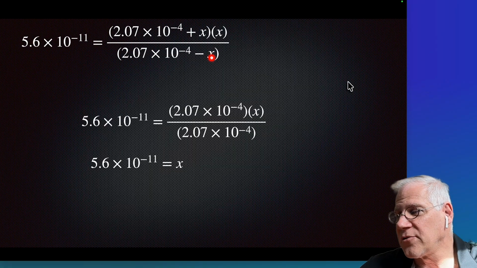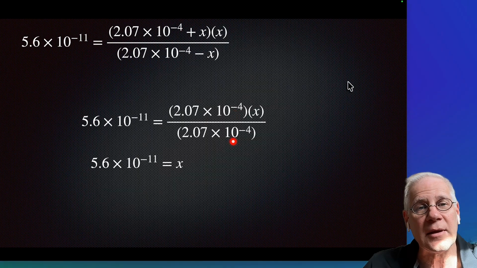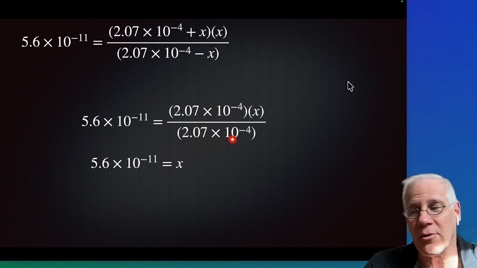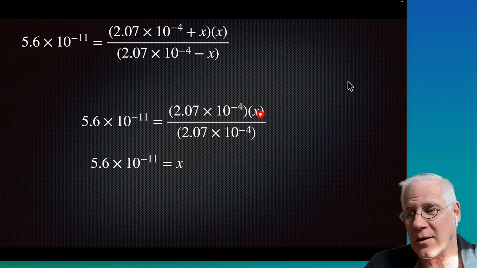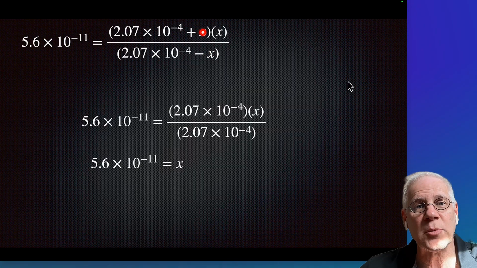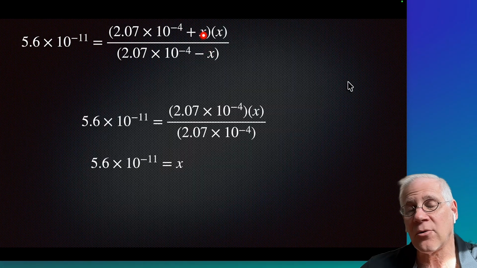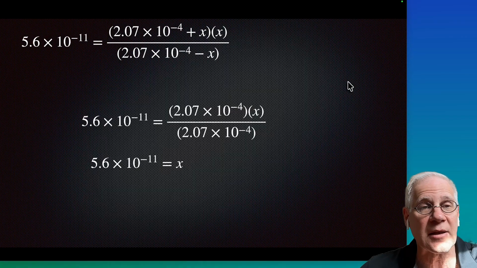So if we ignore the X's that we are adding and subtracting, it gives us the 2.07 times 10 to the minus 4 in the numerator and the denominator, times X for the top. We can't ignore that X because it's not being added. Remember that the reason we ignore these X's is that we're assuming that the X's being added or subtracted are much, much smaller than whatever we're adding them to or subtracting them from.